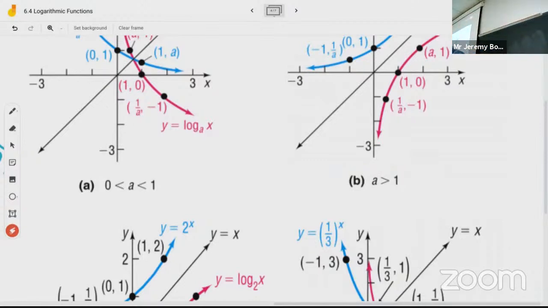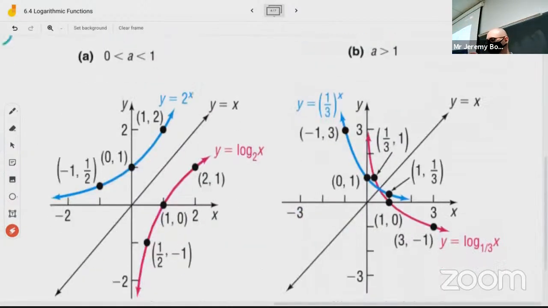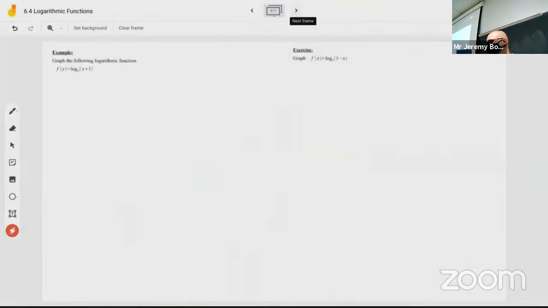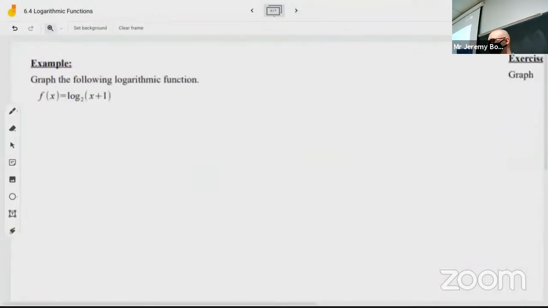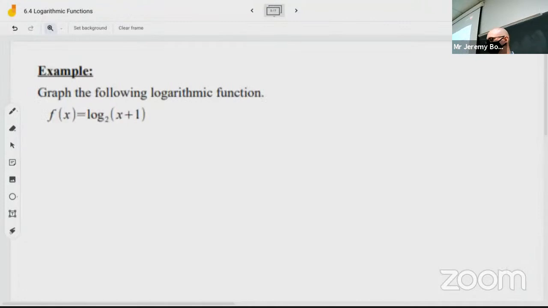All right, let's try one out. So we have log base 2 of x plus 1. Now, we're going to do the same thing that we've always done with graphing.